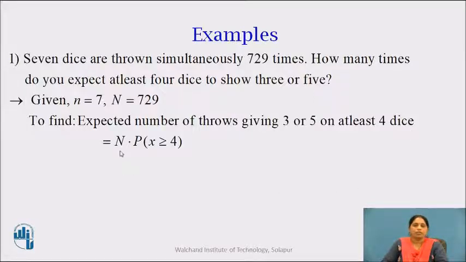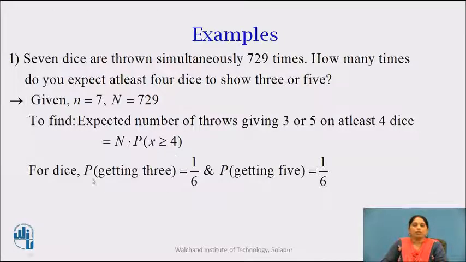That is the frequency which is obtained by capital N into the probability of x greater than or equals to 4. Now here at least 4 dice is mentioned, that means the value of x must be greater than or equals to 4.